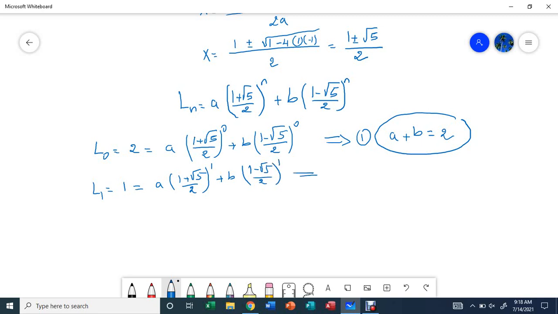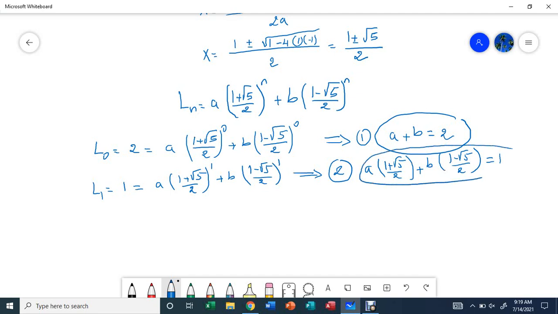So that leaves me with the second equation, which is a times (1 plus square root of 5) over 2 plus b times (1 minus square root of 5) over 2 equals 1. And that's my second equation.